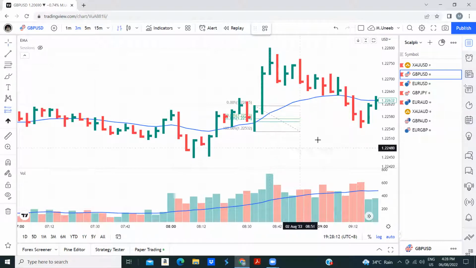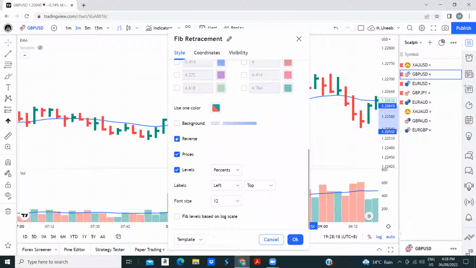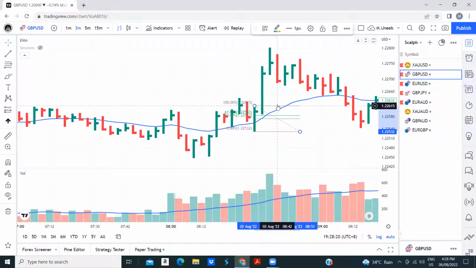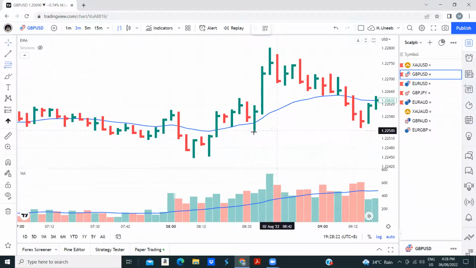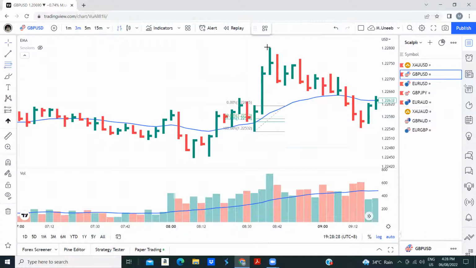No. Then you have to measure the reverse. Reverse means you are reversing here, right? If it's a bullish bar, you have to measure from up to down. If it's a bearish bar, you have to measure from down to up. Got it?